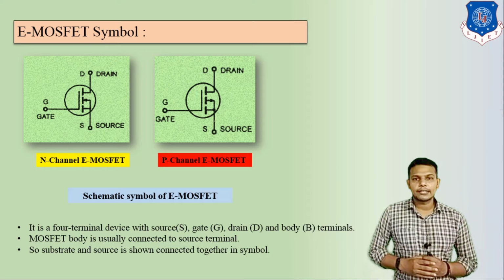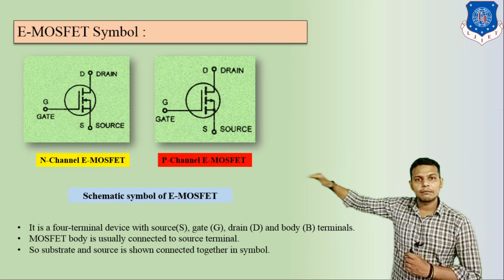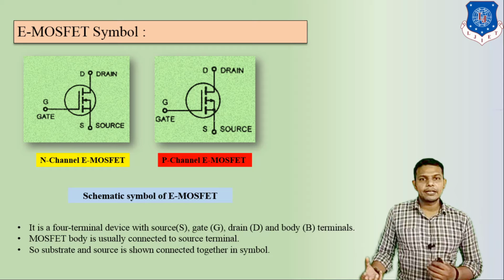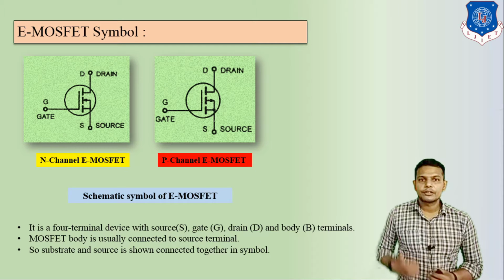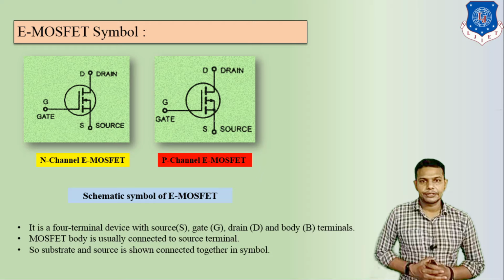So in this construction we are going to use this symbol, where the arrow comes outside. The terminals also remain the same: drain, source and gate terminal along with the body, or we can say substrate terminal.